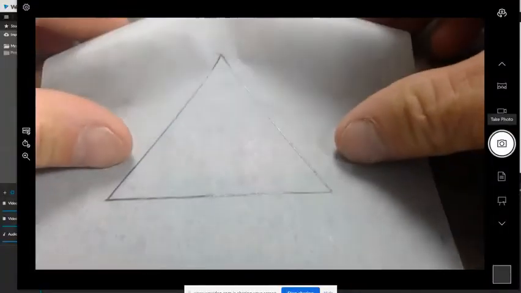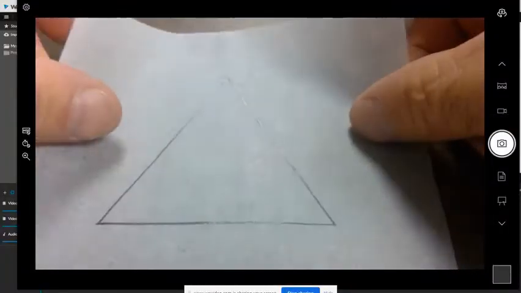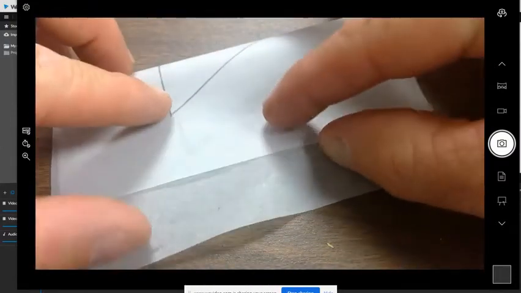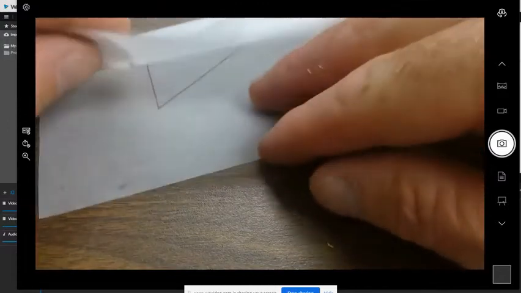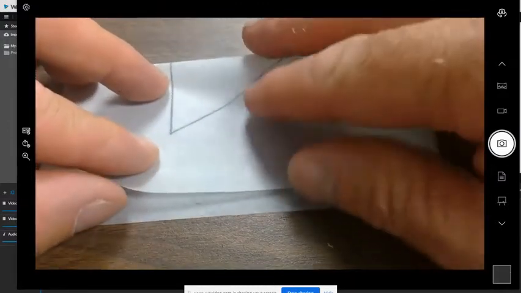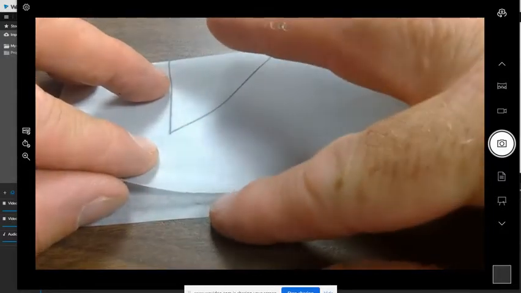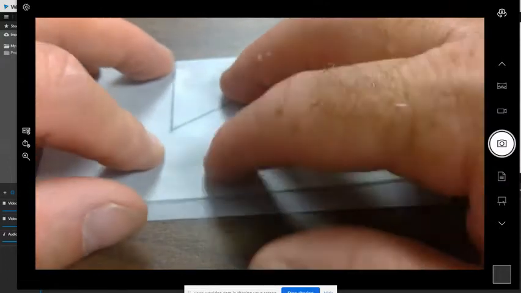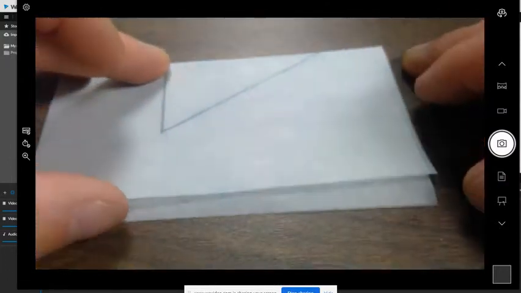So here I have an equilateral triangle drawn on a piece of tracing paper, and we can get a line of symmetry by folding. We can see if it has a line of symmetry if we fold one half so it lines up perfectly with the other. See, I'm matching up the parts of the triangle and then creasing here.